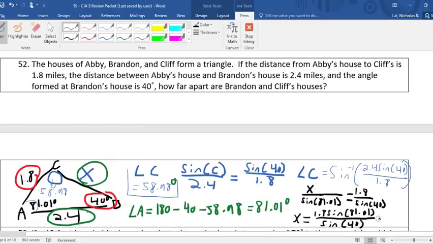So x is equal to 2.765, and this is miles. 2.765 miles.